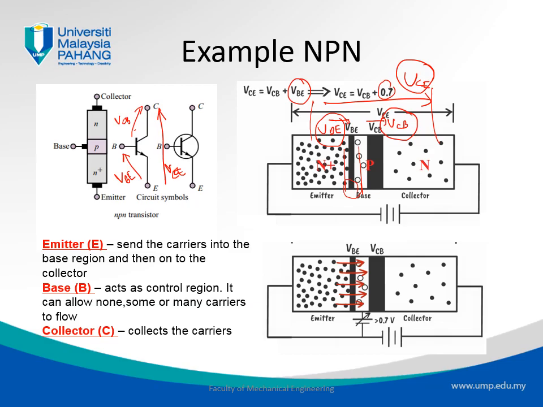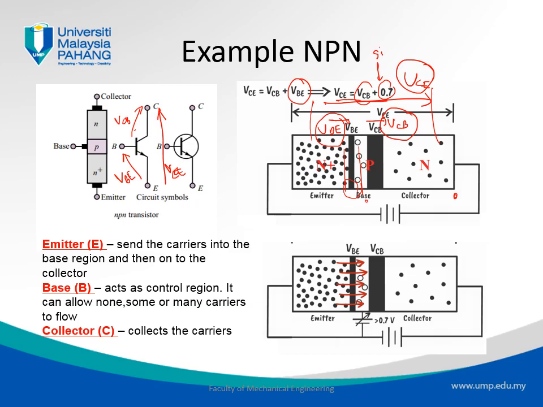Therefore VCE equals VCB plus 0.7, of course if we consider that the semiconductor material here is silicon. As for VCB, we don't know what the value is because it will be influenced by something else as well. VCB is the voltage across point C and point B. So this is the equation that we have right now.